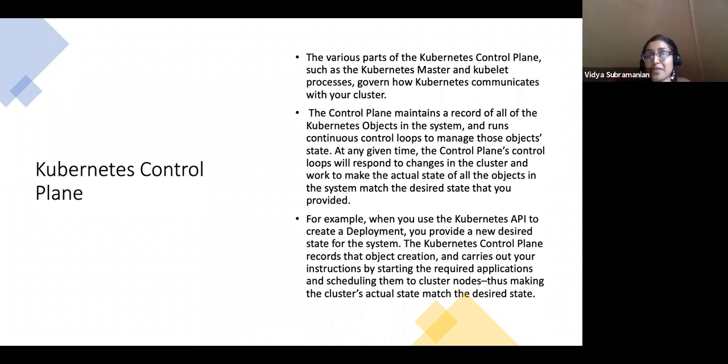So the Kubernetes master and all of the kubelet processes that govern how Kubernetes communicates, all of that is happening through the control plane. And the control plane maintains a record of all of the objects in the system. And that gives you visibility into when you use a Kubernetes API to create a deployment, you provide a new desired state for the system. You can do all of that.